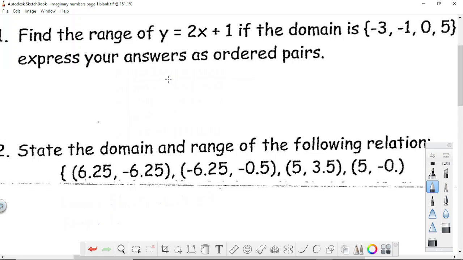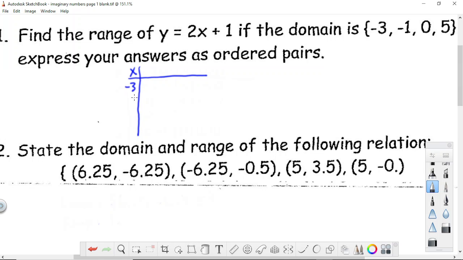Domain, remember, means all the possible x values. So if we put those in, we will get all the possible y values, right? There's no way to get any other y values because we will have done all the possible x's.